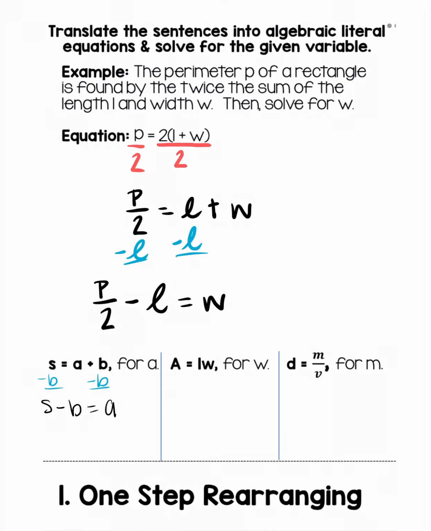The whole goal when rearranging is you're just getting the variable they want by itself. Okay, so area equals length times width. Well, length and width are being multiplied, so we're going to do the opposite. So we're going to divide by the length. So W is equal to the area divided by the length.